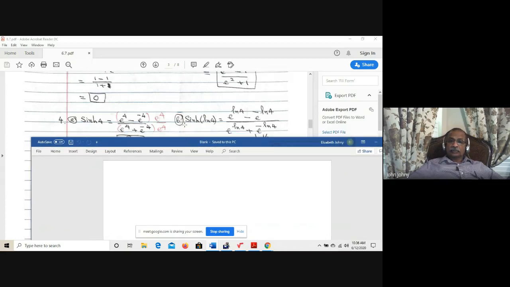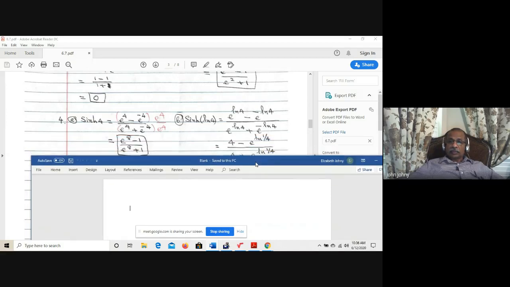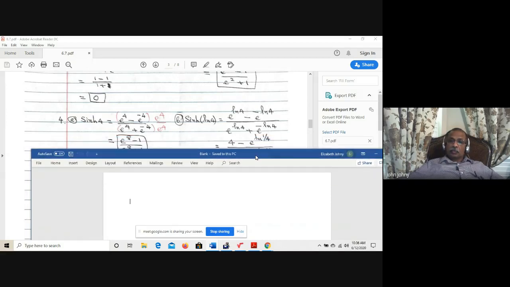Now, tan h of natural log 4. So this is e to the natural log 4 minus e to the negative natural log 4 divided by e to the natural log 4 plus e to the negative natural log 4. So that is equal to 4, because they are inverses of each other, and 4 minus e to the power of natural log of 1 over 4, because there is a negative 1 there.